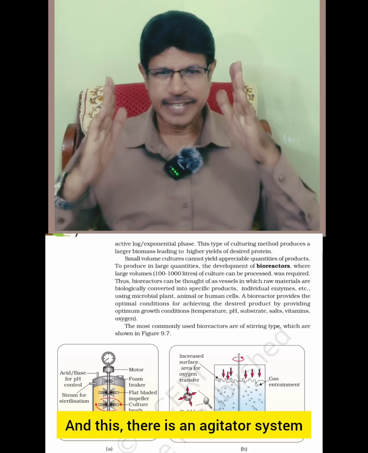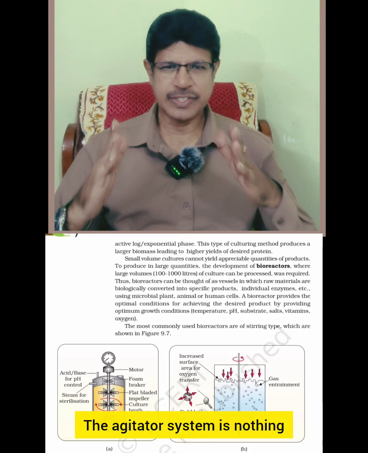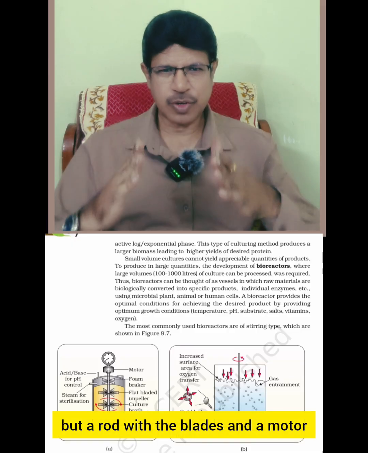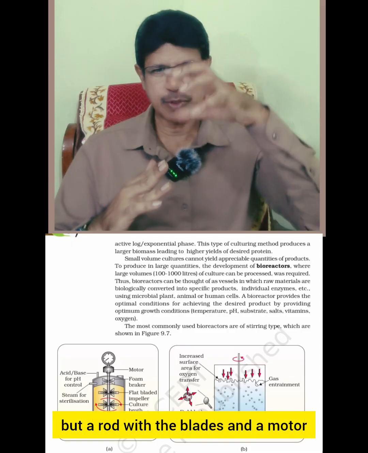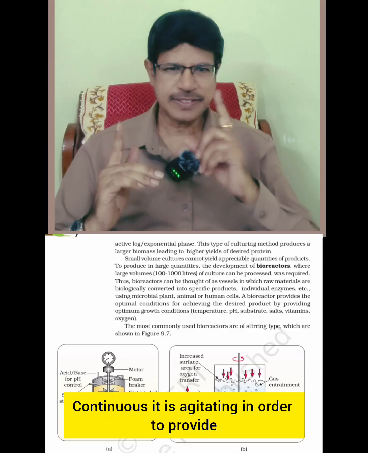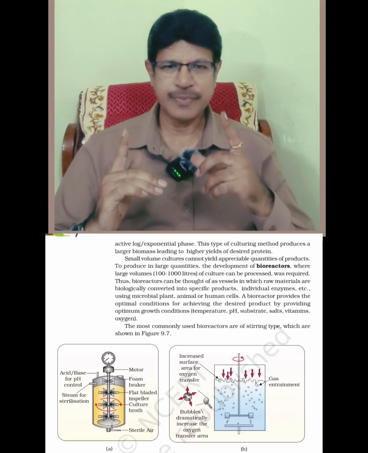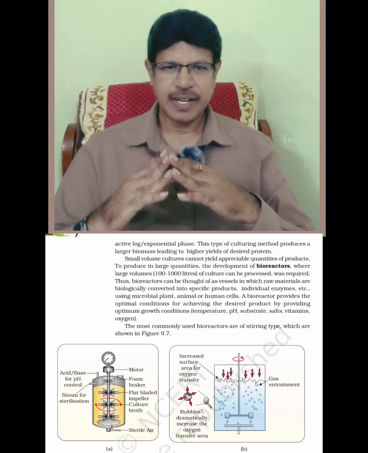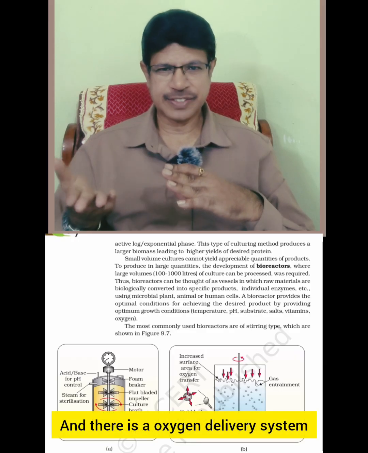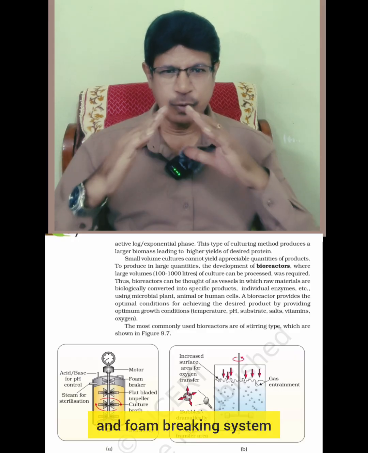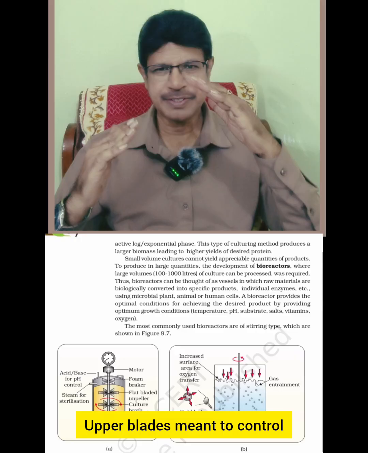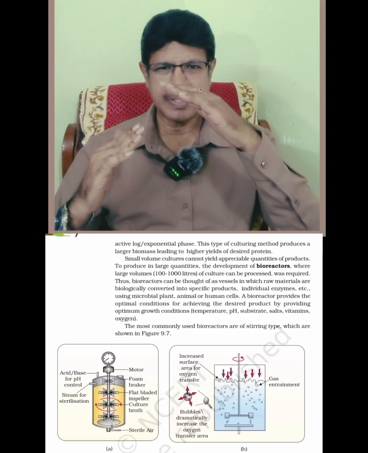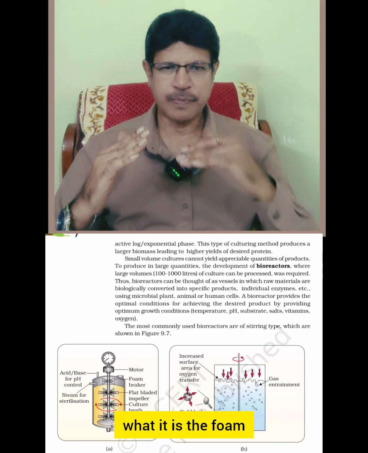And there is an agitator system. The agitator system is nothing but a rod with blades and a motor. Continuously it is agitating in order to provide even mixing and oxygen availability. And there is an oxygen delivery system and a foam breaking system. Upper blades are meant to control the foam.